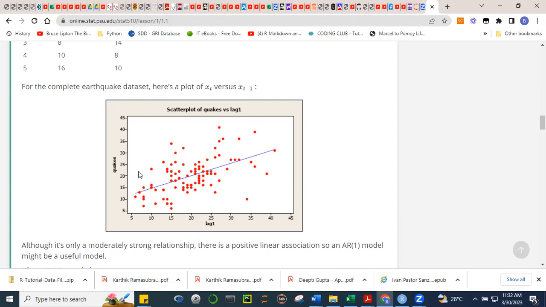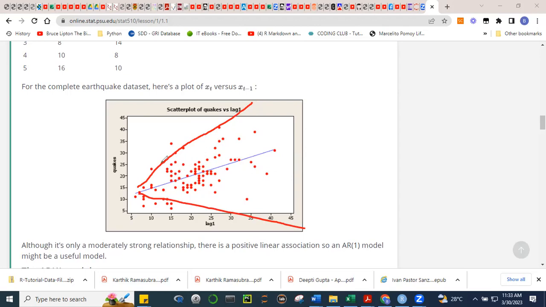Also, maybe we can say that the data is not constant as far as variance is concerned, because there seems to be a fanning out. Okay, palabas yung difference between. Let me just annotate this. If you take a look at this. Okay, so the data seems to have a fanning out effect.